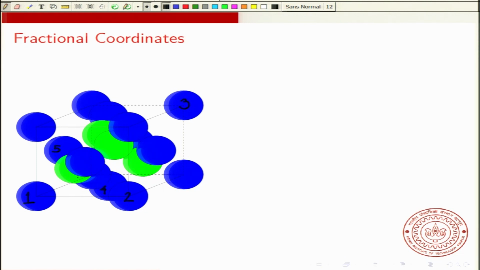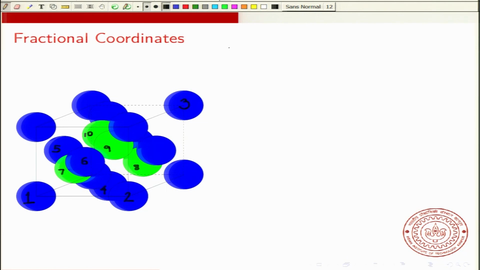This is on the left face of the crystal, and this face center atom on the front face I will label as 6, and the tetrahedral, the green atoms, I will label as 7, 8, 9 and 10. I have just chosen a few of these atoms to depict.